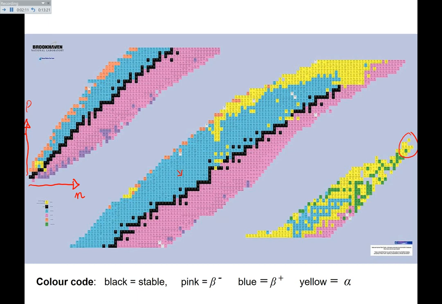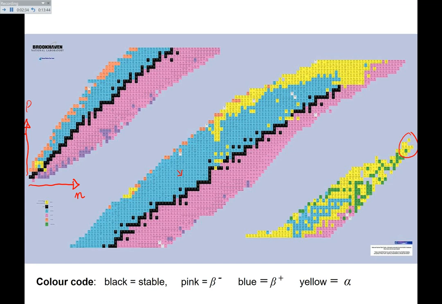A positron is an antimatter particle for an electron. And so that's why it goes the other way. It has a single positive charge, but in all other respects, it is the same as an electron.